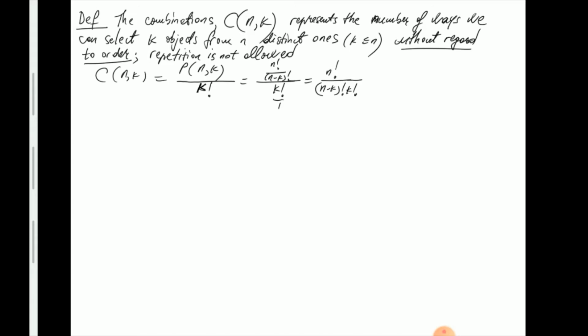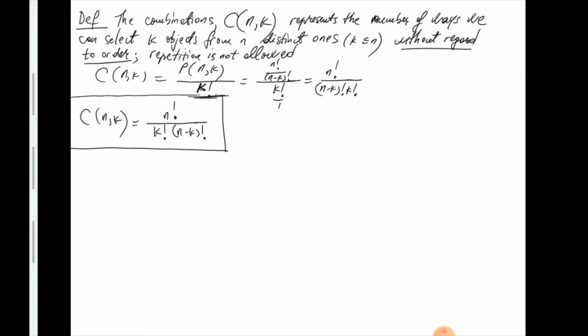What I like, and let's actually write it here in a box, is n factorial divided by k factorial times (n minus k) factorial. So you have 2 factorials on the bottom multiplied and 1 on the top. This is the way the formula is given in the formula sheet, and this is the one to use when ordering does not matter. You have to pay attention to word problems to see when the ordering matters or doesn't matter.